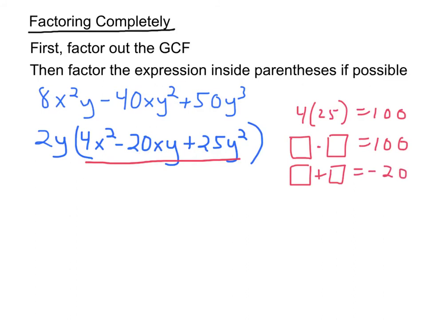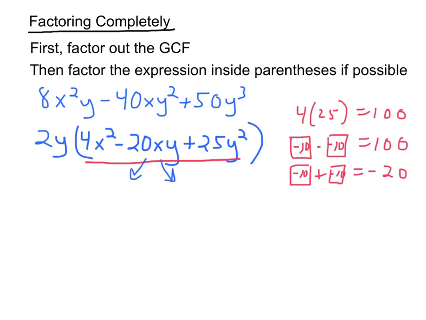And the two numbers that satisfy this are negative 10 and another negative 10. Because a negative 10 times a negative 10 equals a positive 100, and a negative 10 plus another negative 10 equals negative 20. So we'll split that middle term into a negative 10xy and another minus 10xy.